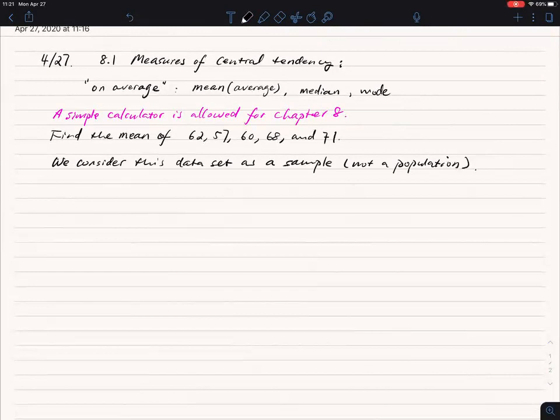Okay, so this is the relation between sample and population. Population is all the individuals that we are interested in.